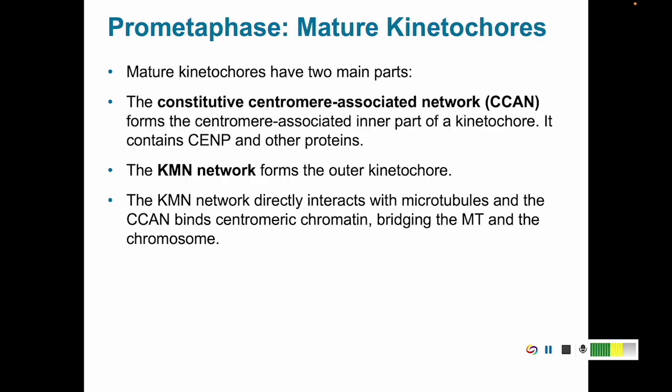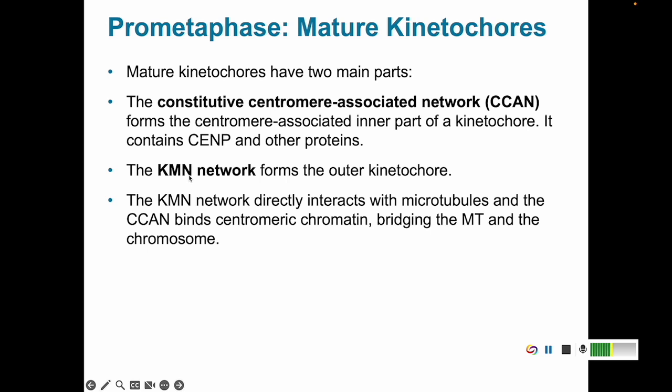A mature kinetochore has two main parts, the constitutive centromere associated network, or CCAN, and the KMN network. The CCAN is the centromere associated, inner part of the kinetochore, and it has something called CENP-A and other proteins that attach it to the chromosome. The KMN network is the outer kinetochore.